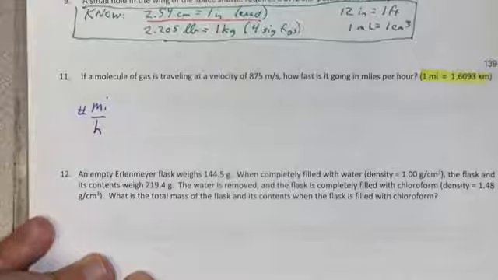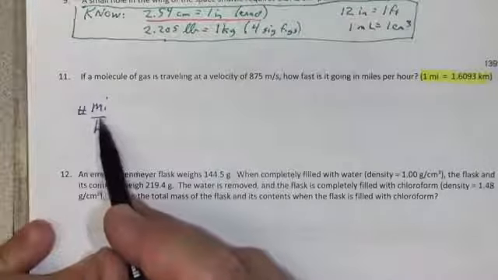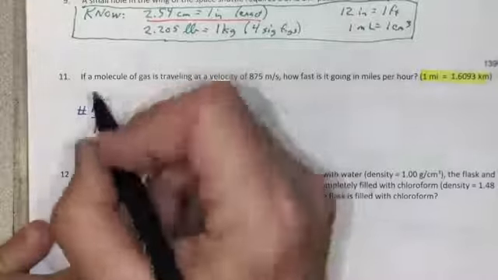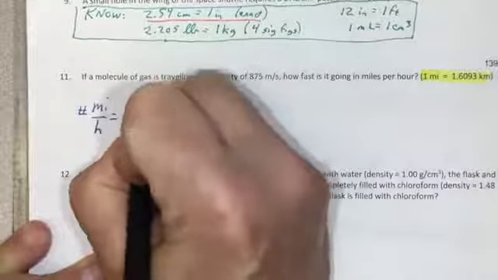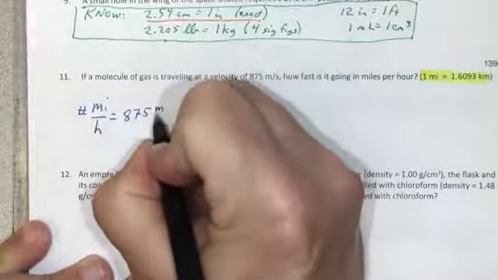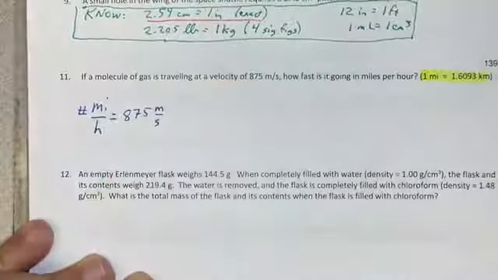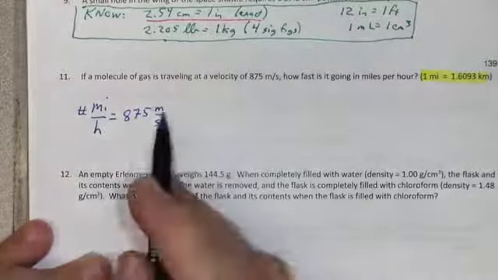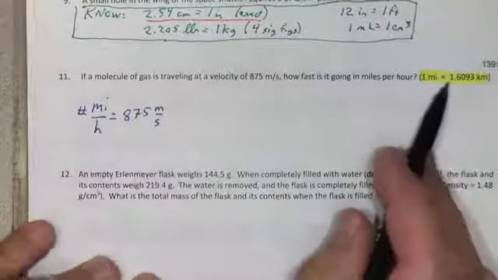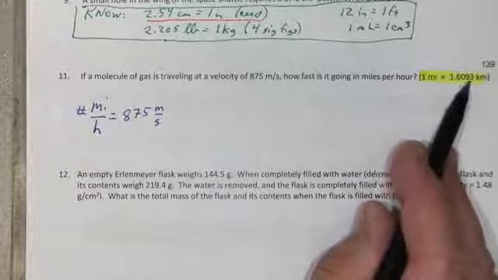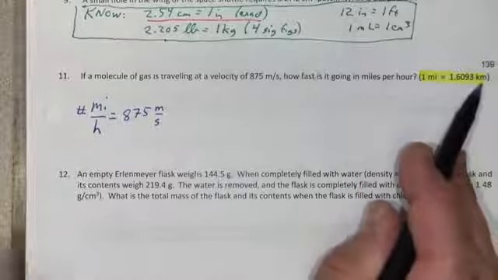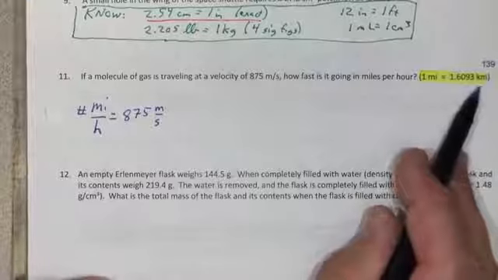Now, my dumb suggestion is write this as a horizontal line instead of a slash line. It's easier to keep track of the units. Number 2, I start with the given measured quantity, 875 meters per second. I'm going to write this as a horizontal line rather than a slashed line. Now I want to go from meters to miles, and I'm given this conversion factor. 1 mile is equal to 1.6093 kilometers. Now there is one shortcut I can use here.